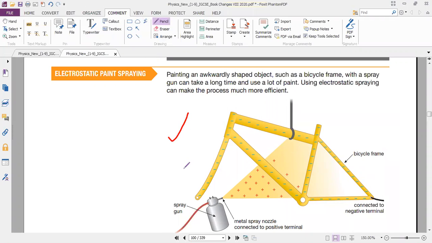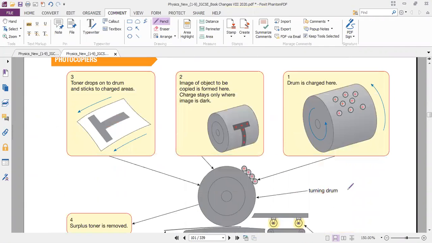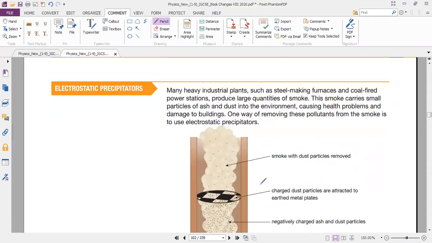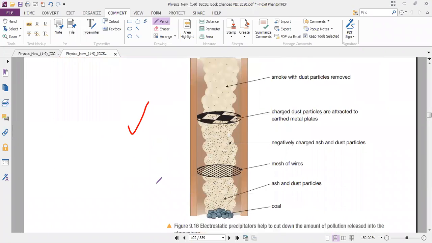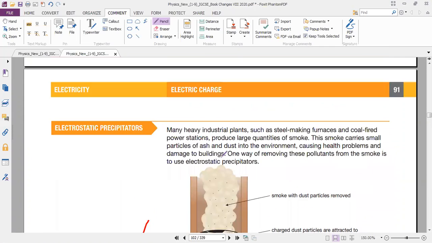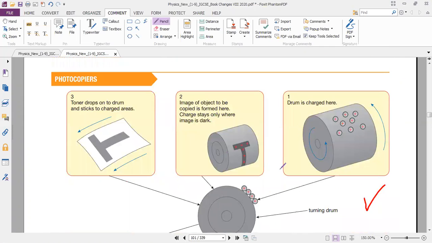So this is one, and there is another one. There is the inkjet printer. Another example is photocopiers. Another example is precipitators in industry. You don't need to read details about it, but you just need to know the example names. In a photocopier, we use static electricity.